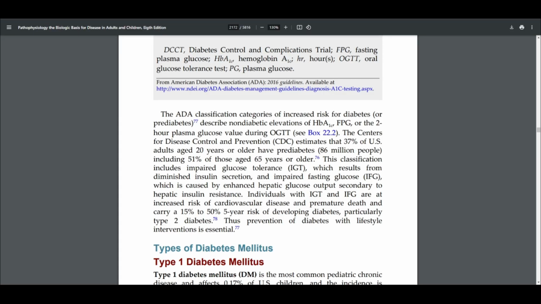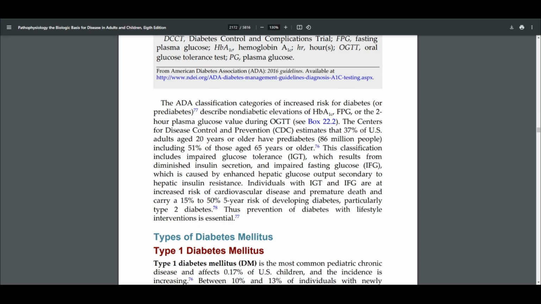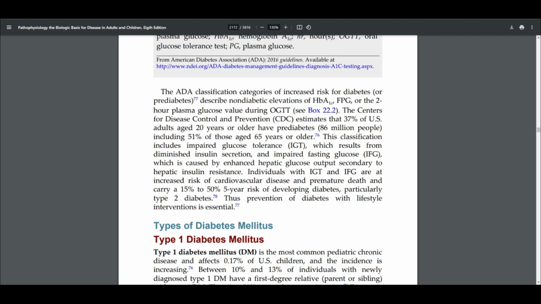The Centers for Disease Control and Prevention, or CDC, estimates that about 37% of US adults aged 20 years or older have a type of prediabetes, including 51% of those aged 65 years or older. This classification includes impaired glucose tolerance, which results from diminished insulin secretion, and impaired fasting glucose, which is caused by enhanced hepatic glucose output secondary to hepatic insulin resistance.